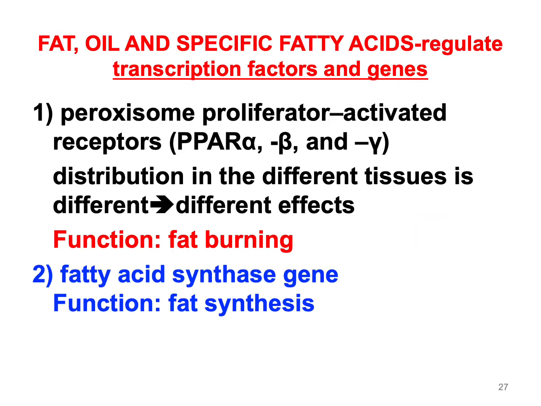What are the possible medical, veterinary and human medical applications? First of all, go back to the fats, oils and specific fatty acids. They are regulating transcription factors and genes. How? The peroxisome proliferator activated receptors, alpha, beta and gamma, are distributed differently in the different tissues.